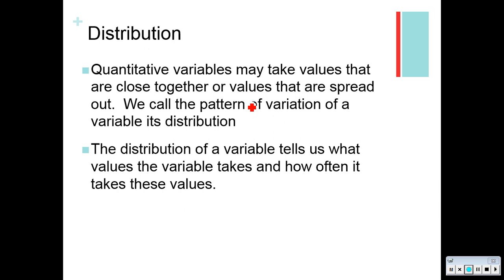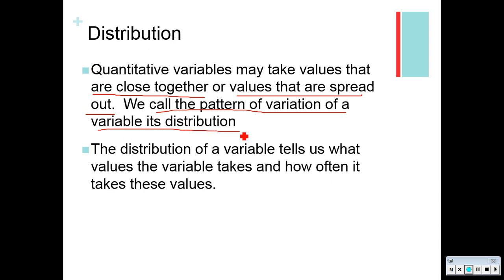So some other terminology that goes with some of the different aspects of variables would be a distribution. When we're talking about quantitative variables, they may take values that are close together or values that are spread far apart from each other. And we call the pattern of the variation of a variable its distribution.